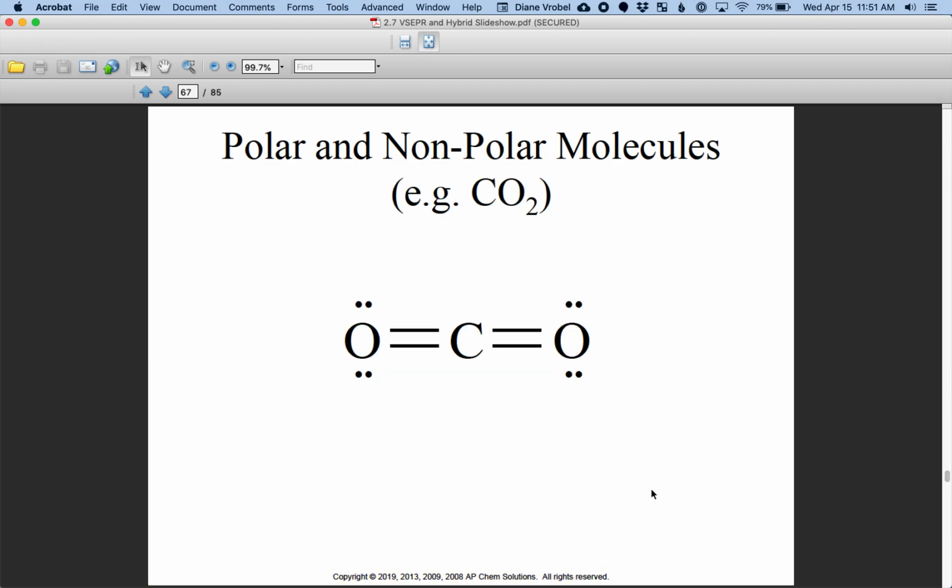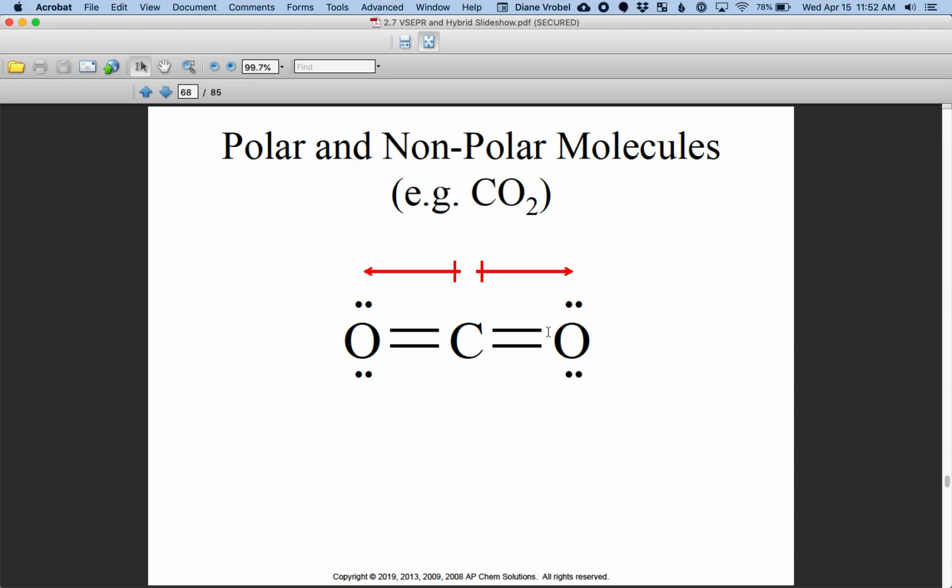Now, here is an example where you have to think a little more thoroughly. You could argue that carbon is less electronegative than oxygen, so as a result of it, you should see a presence of polarity. So notice that the electron density flows more towards oxygen, so there'll be a greater delta negative charge towards oxygen. But this is where it gets a little tricky. It's like having a tug of war with your friend.